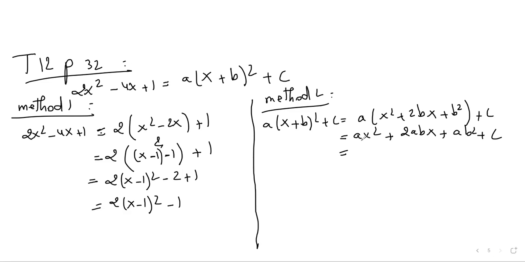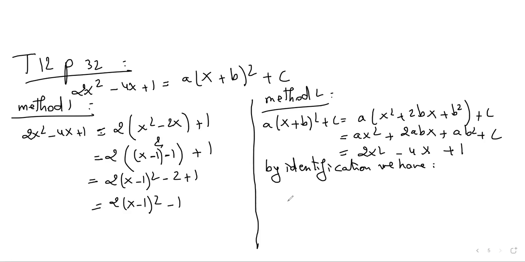Now this is equal to 2x squared minus 4x plus 1. Then by identification, we have a is equal to 2, 2ab is equal to negative 4, and ab squared plus c is equal to 1.